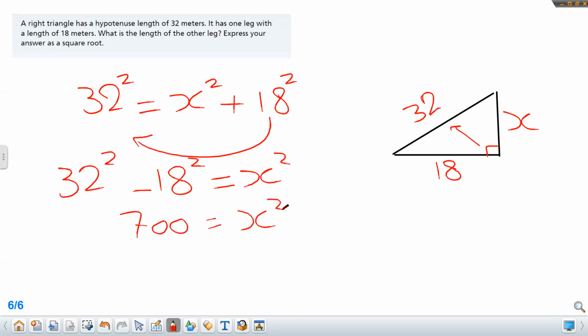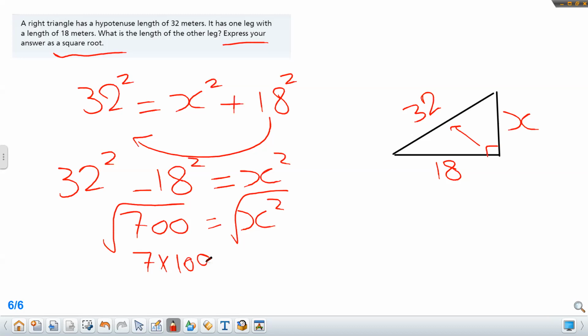But what about x? Here we need to find x. The question says express your answer as a square root. What's the meaning of as a square root? The answer will be by square root. How? 700, you must know, maybe 7 times 100.